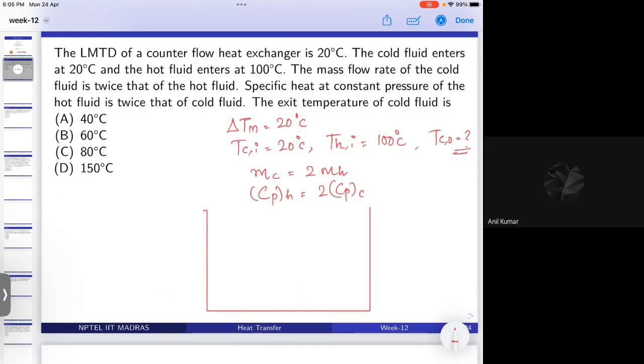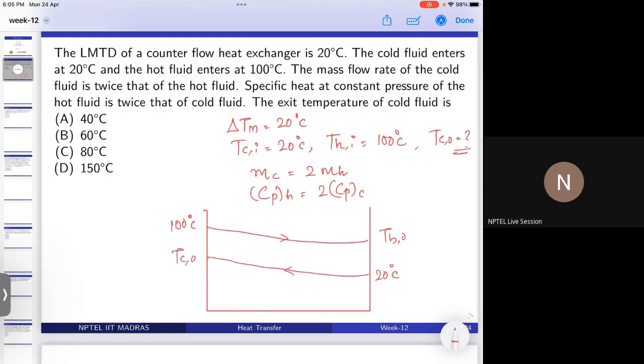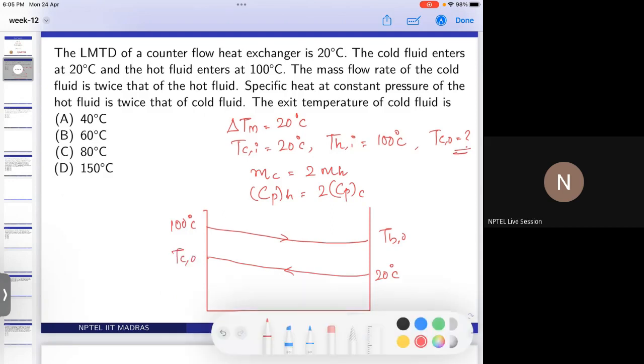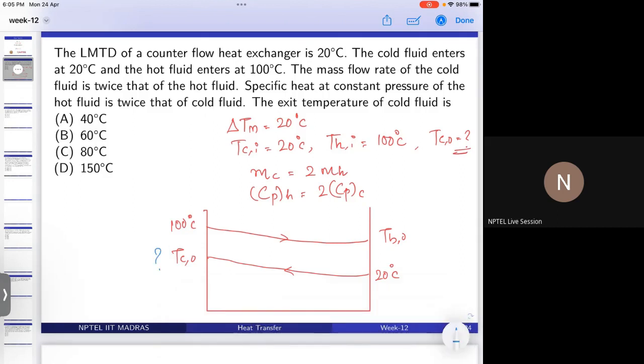I'm making the equations; we will be getting one equation from the LMTD and one equation from the heat balance. The hot fluid is entering at 100 degrees Celsius. This is THO and this is TCO. So we are asked to find this one, what is this TCO?